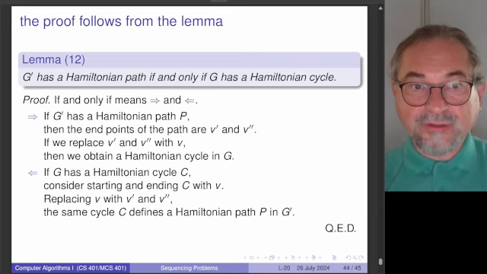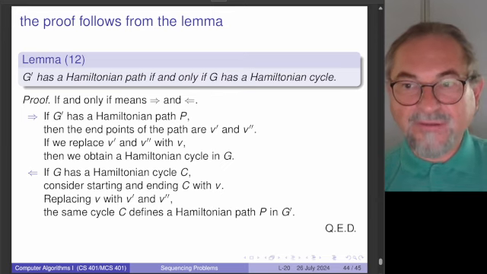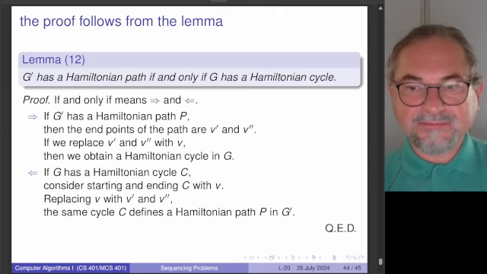So what is also not stated here is that the construction from G to G prime happens in polynomial time. This is also not stated here, and that will be part of the fifth exercise of this lecture.